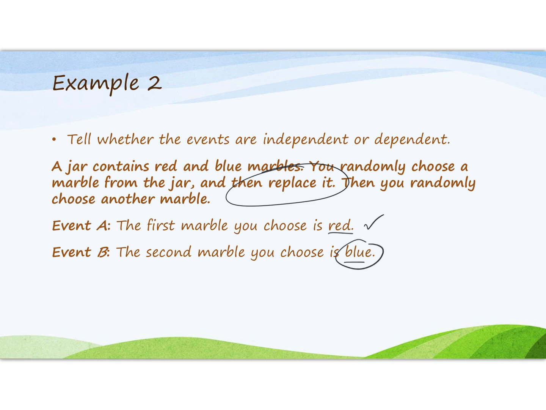And you realize that it does not, because you picked the red marble, but you replaced it. So after you made your first choice for event 1, you put the marble back, and then you chose again. So you're starting out fresh again. Whatever happened in the first one has nothing to do with the second one. And so this would be an example of independent events.